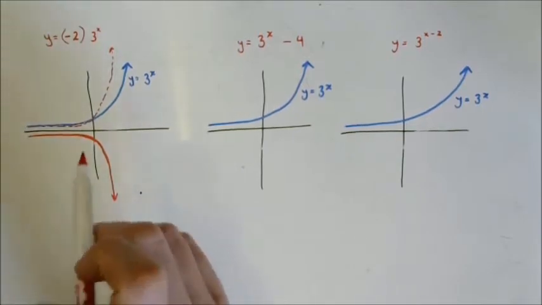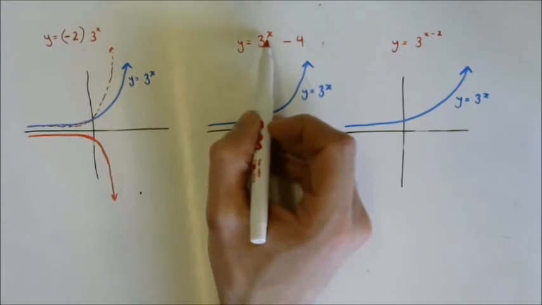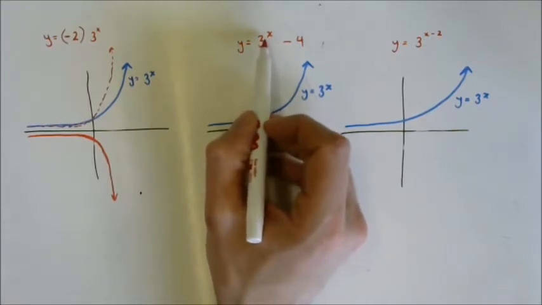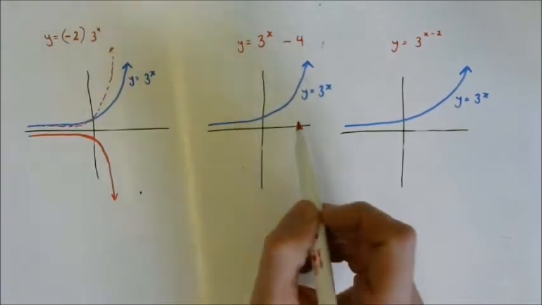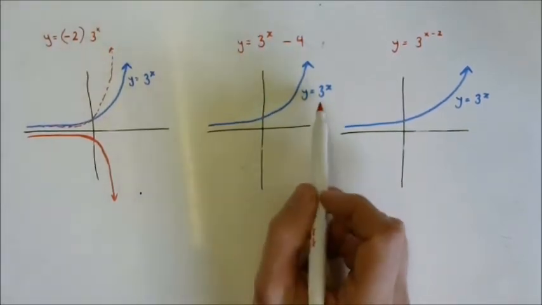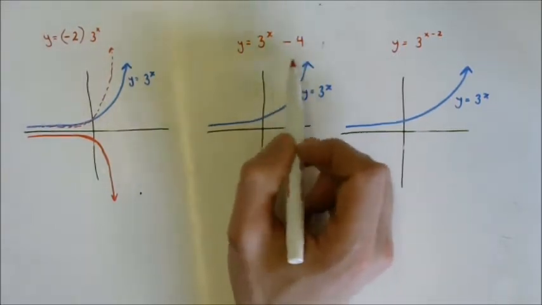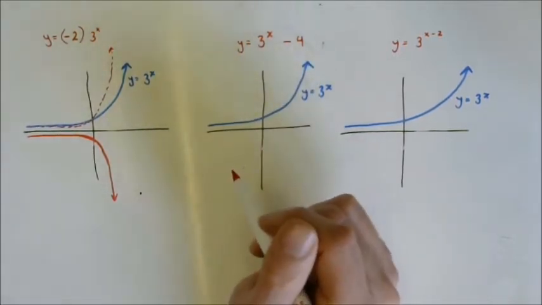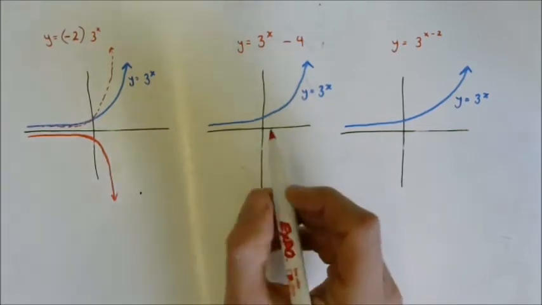Again, I didn't draw one, but you could have a horizontal stretch or compression as well if you had something out in front of this exponent of x. Again, in the middle, the blue one is y equals 3 to the power of x. What happens if I tack on a minus 4 to that? I'm just moving it down 4 units.